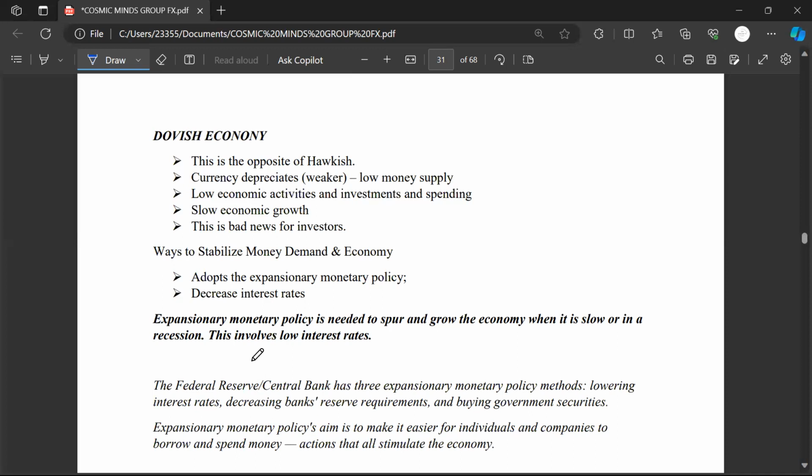So expansionary monetary policy is needed to spur or grow the economy when it is low, when it is slow, or in a recession. This is done by lowering the interest rate, right? So they want more money to be pumped into the system. The money is actually with the central banks, and if you need money from the central banks, that's where you go for the loan.